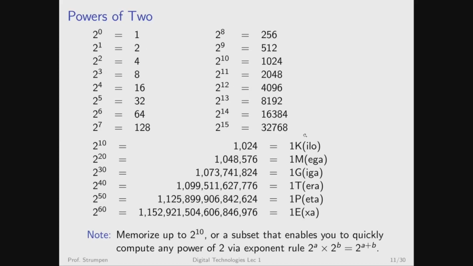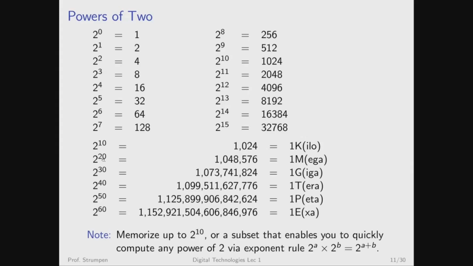When those numbers get really big, we use special notation like we use for physical units. 2 to the 10 is 1 kilo in binary, and it's called 1 kilo because it's actually very close to 1,000, which is denoted 1K by physicists, except that 2 to the 10 is a little larger.